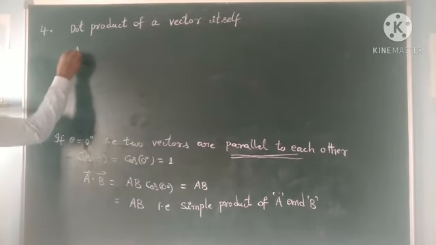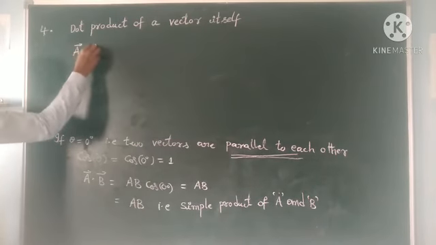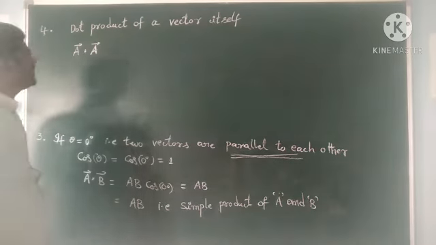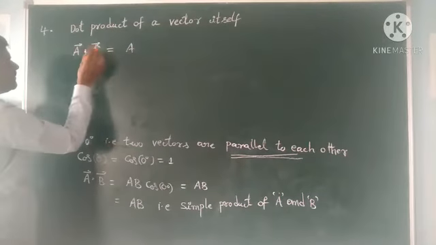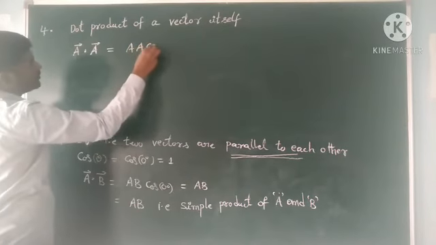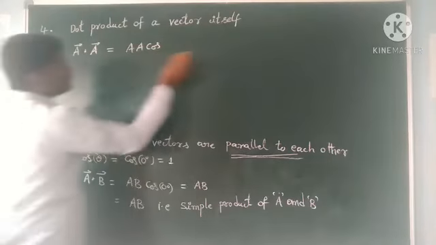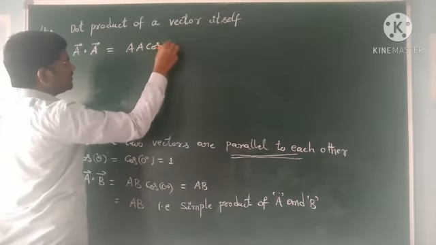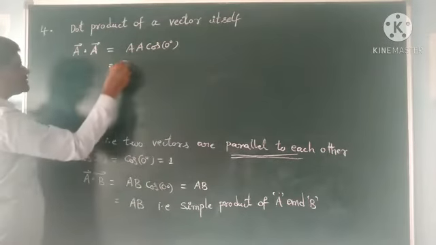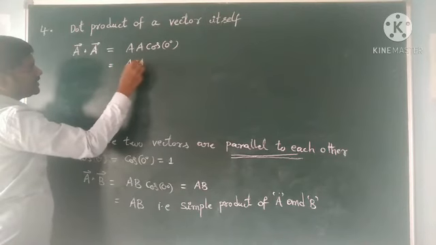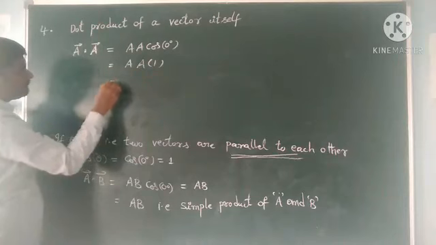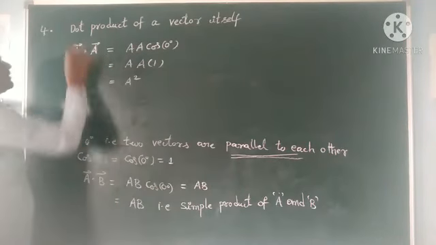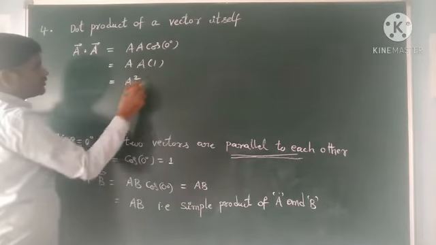A bar is one vector, and again I am doing the dot product with the same vector only. A bar dot A bar is equal to the magnitude of the first vector A into the magnitude of the second vector into the cosine of the angle between them. Both are the same vector, so the angle between them is 0 degrees, and cos 0 degrees is 1. That is A square.